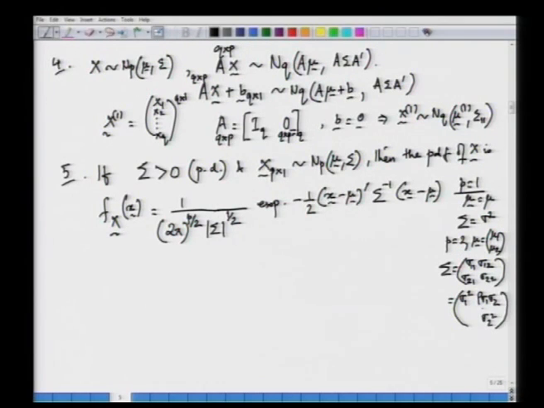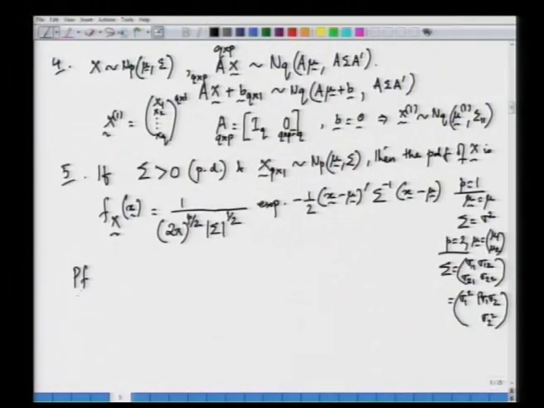Rho is the correlation coefficient. This is the general notation followed for the bivariate normal distribution. Again, with this mu and this sigma, if we write down the PDF, we will get the PDF of the bivariate normal distribution.